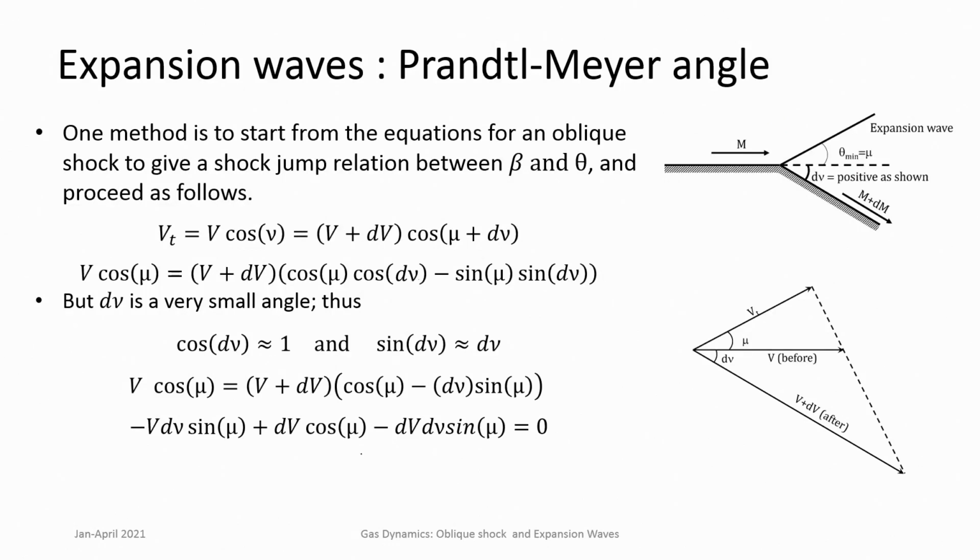How do we do this analysis? We again draw the velocity triangles across one single expansion wave, very similar to the analysis that was done earlier for the oblique shock. We look at the components of these velocities.